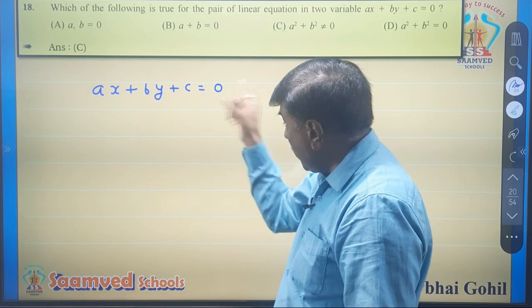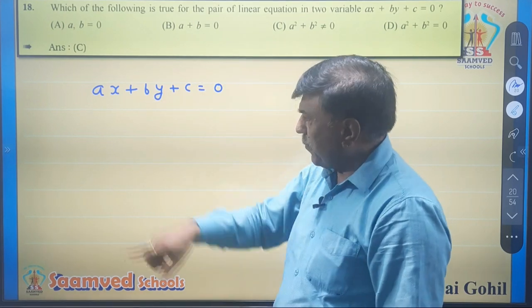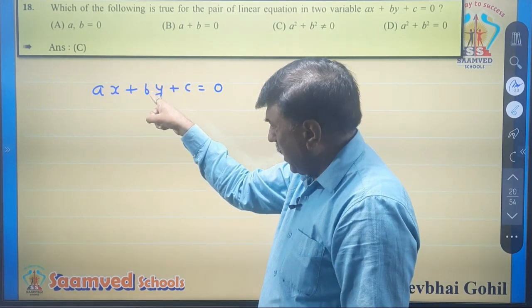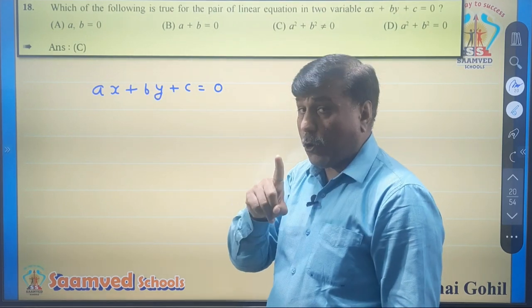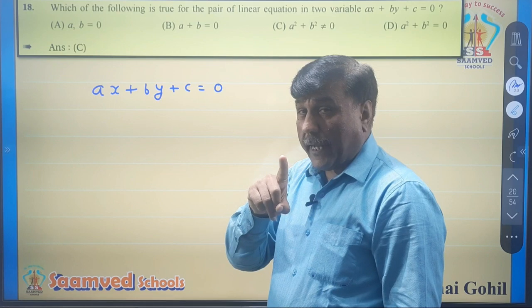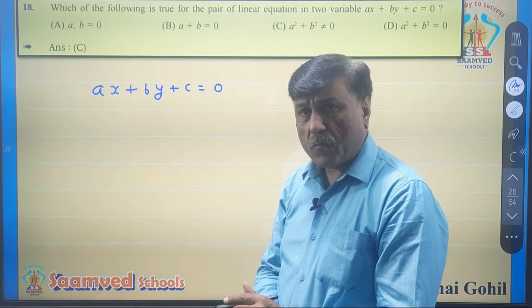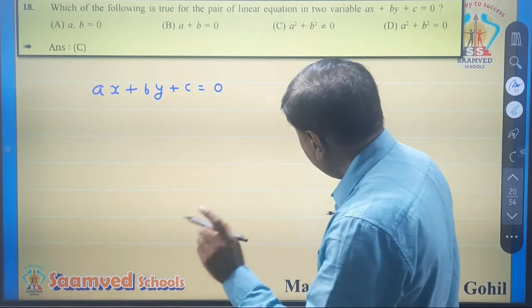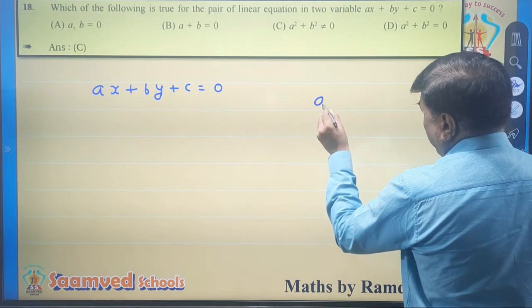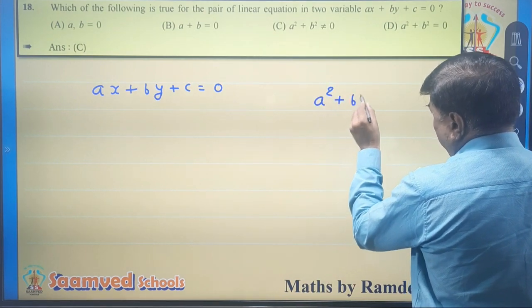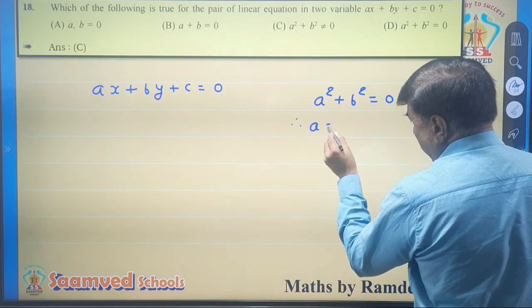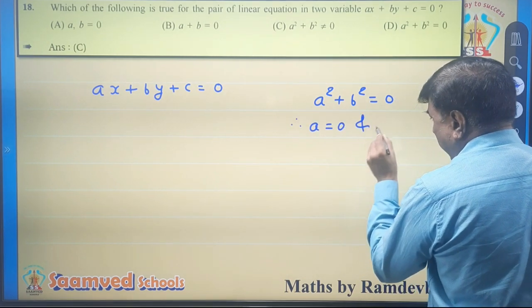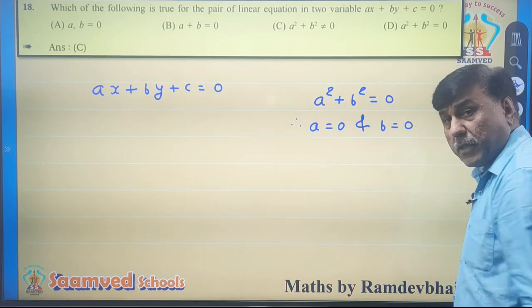If this is a linear equation, then a and b will not be 0 at a time. You must know, if you write a square plus b square is equal to 0, then it means a is equal to 0 and b is equal to 0.